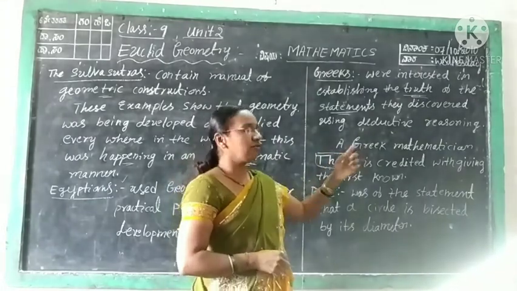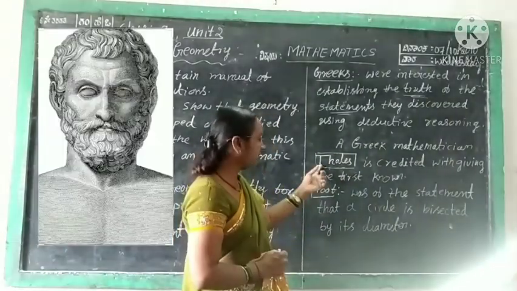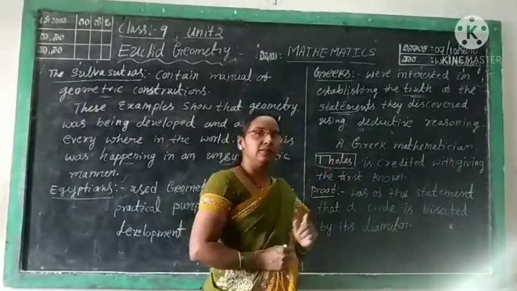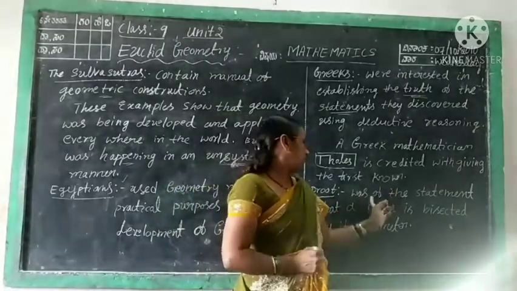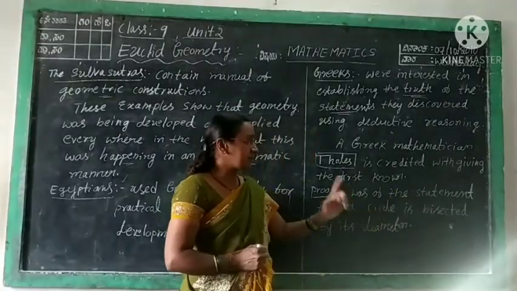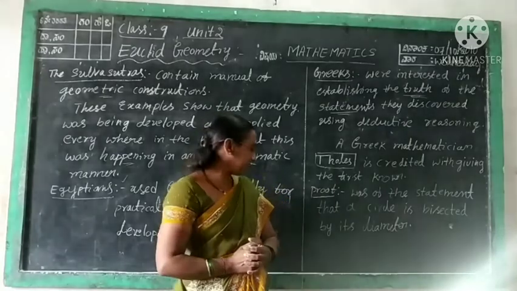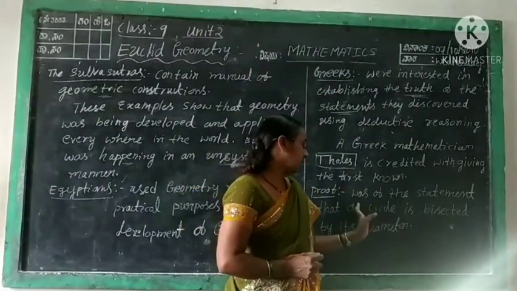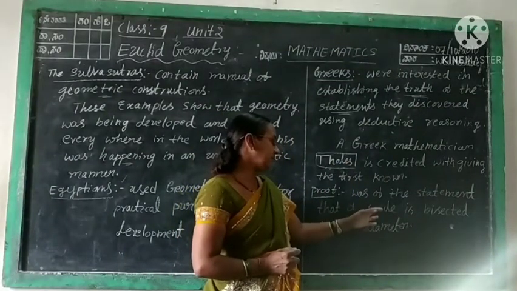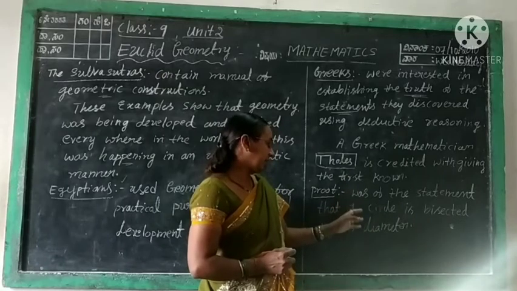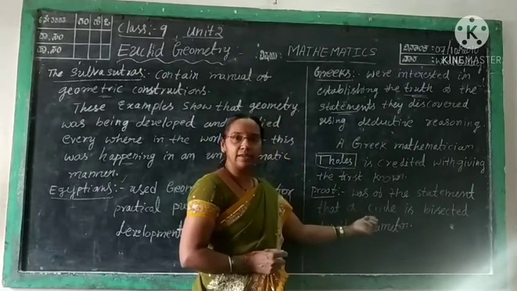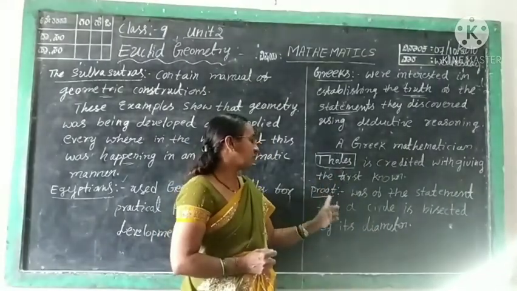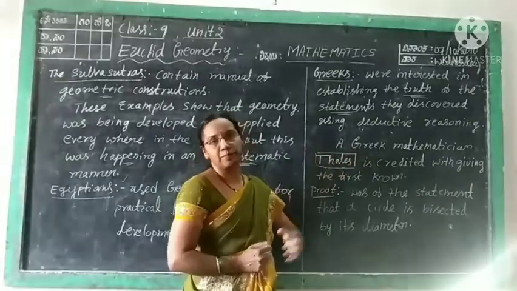Then a famous Greek mathematician called Thales is credited with giving the first known proof: the statement that a circle is bisected by its diameter. It is the famous proof of Thales, a Greek mathematician.